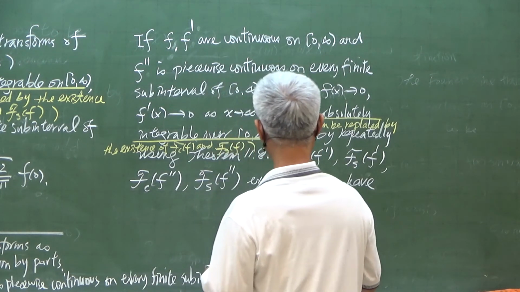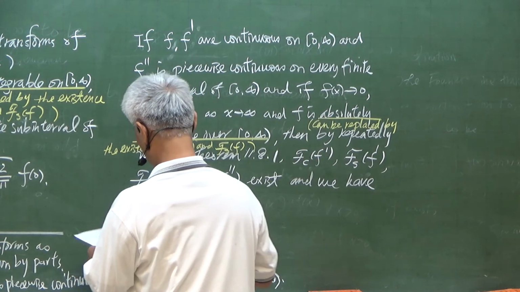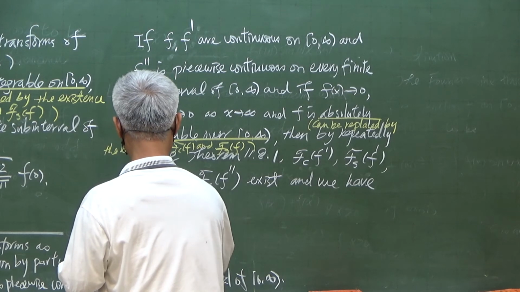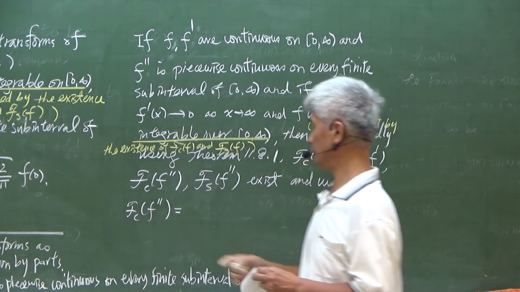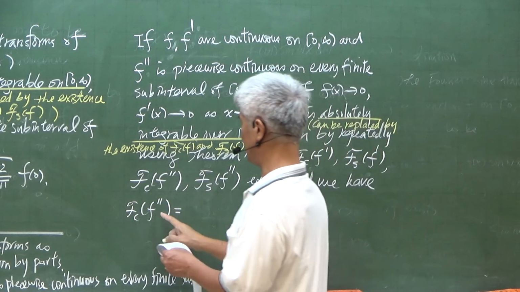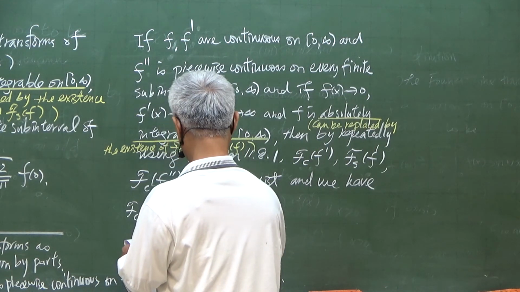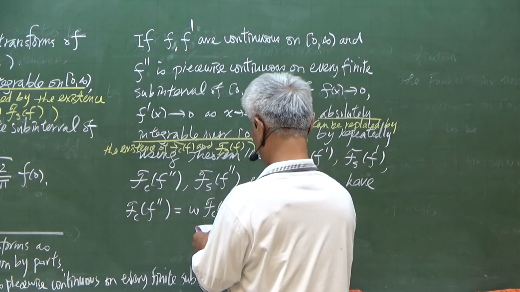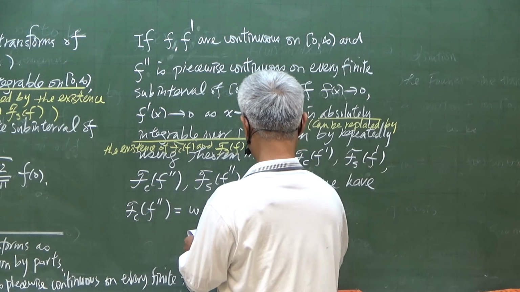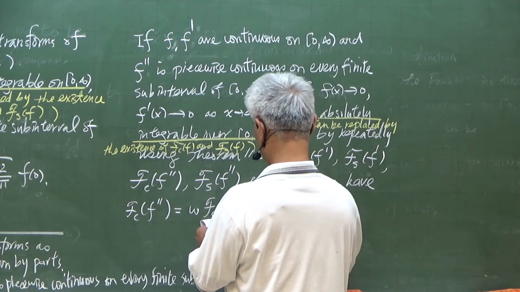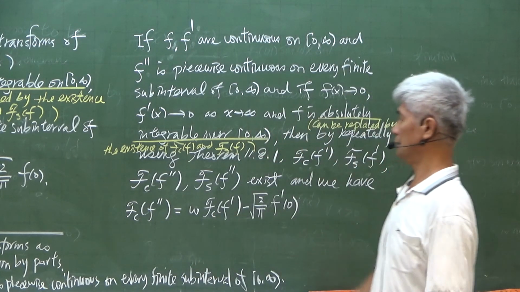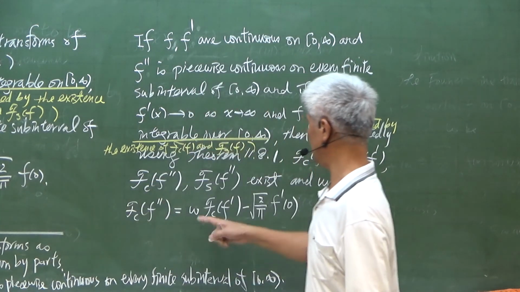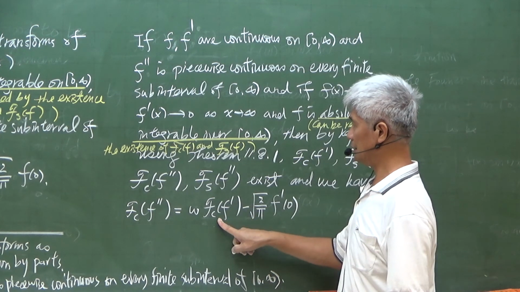Okay, and so now we can write the Fourier cosine transform of f double prime is equal to w times the Fourier sine transform of f prime minus square root of 2 over pi f prime of 0, by applying this formula here.